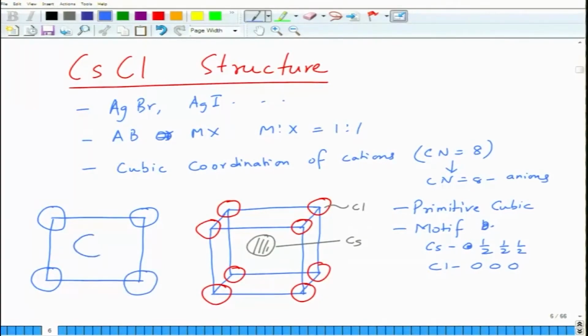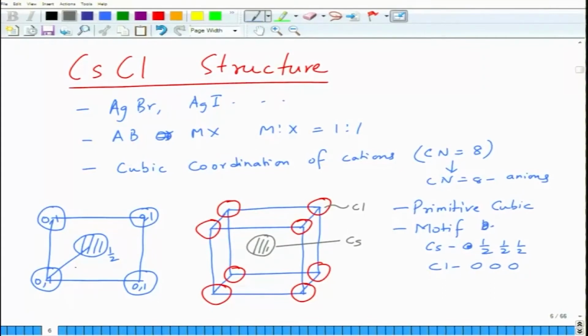So, this is at half, this is at 0,1. You can consider each of these being connected to this ion. So, it is kind of a dumbbell shaped structure.